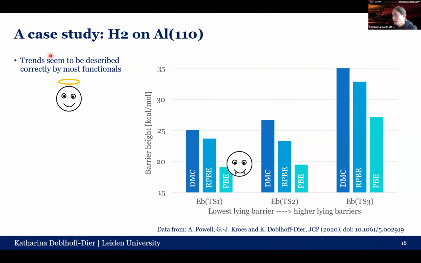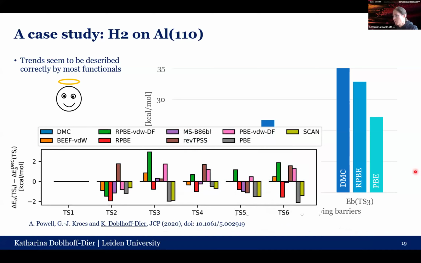We can try to quantify this a bit better. So here I plot, instead of 3 barriers, actually 6 barriers. And we are looking at the corrugation and anisotropy of the barrier. So that's nothing else than how the barrier changes compared to the lowest lying barrier. And then I compare this corrugation and anisotropy to that predicted by DMC. And you can see that the predictions compared to DMC never differ by more than 2 kcal per mole for all the functionals tested and for all the barrier heights shown here.